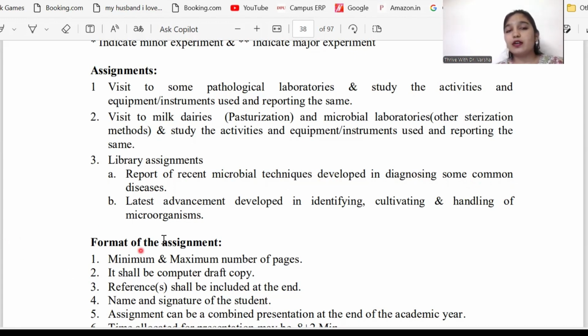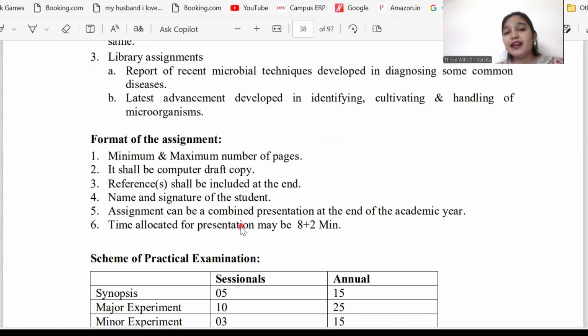As well as the second also, latest advancement developed in identifying, cultivating and handling of microorganisms. Any one of them you have to do, or maybe you have to do both of them, it depends on your professor. So for that you can use those sites. And again, the same format whatever we have discussed earlier.